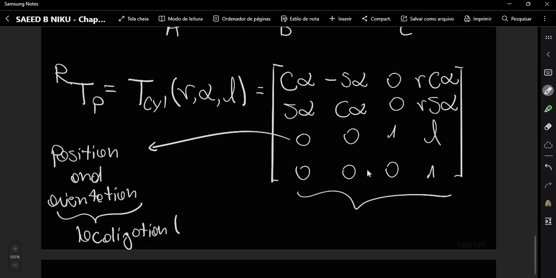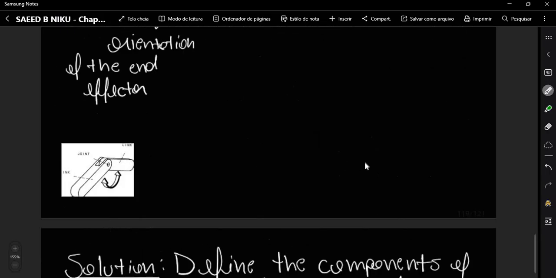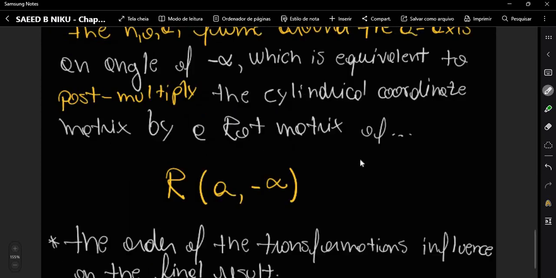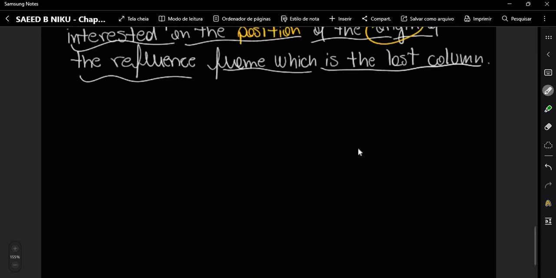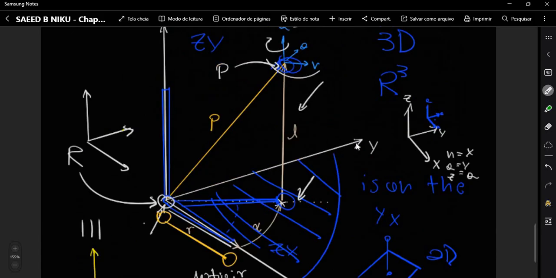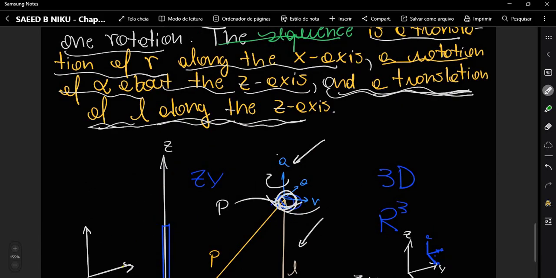I'm going to place it under parentheses, the end effector. So it is this point right here: position and orientation.